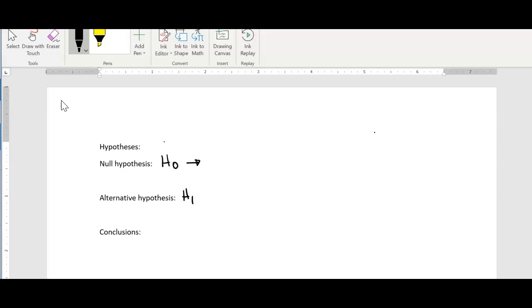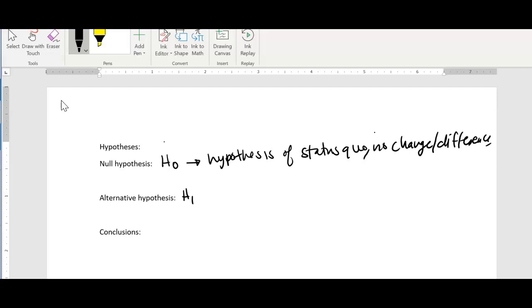The null is going to be the hypothesis of the status quo, no change, or difference, just by chance. It's what we are believing to be true until evidence convinces us otherwise.